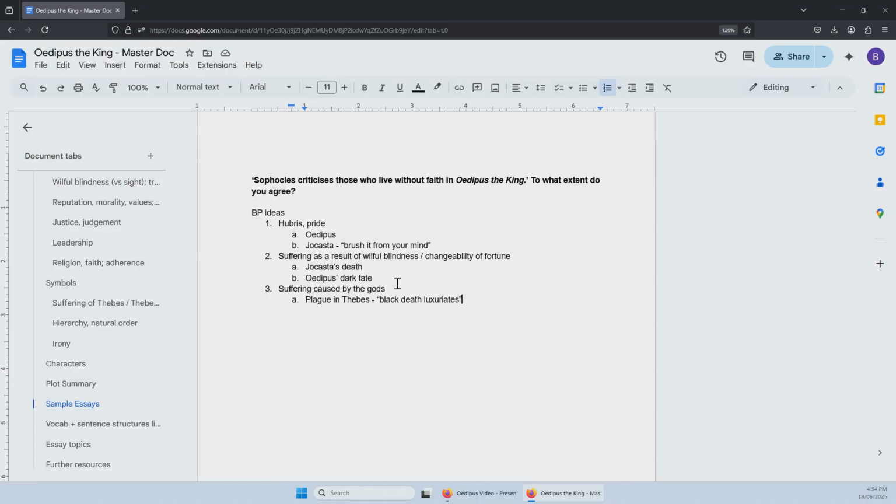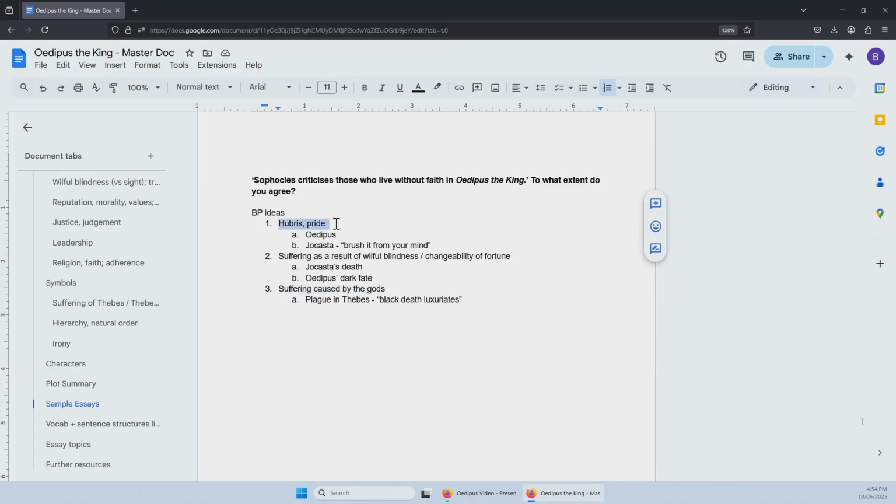All those good quotes are really good for explaining how suffering is caused by the gods. However, you might then say, if you've been asked Sophocles criticizes those who live without faith, to what extent do you agree? You might notice that these three ideas, none of them really disagree with the topic.